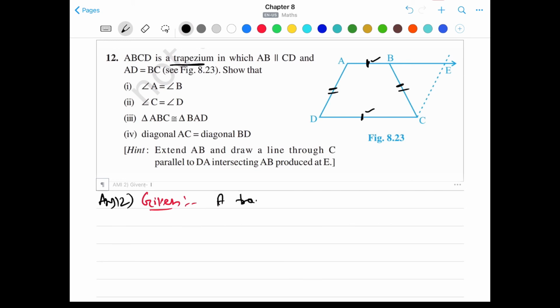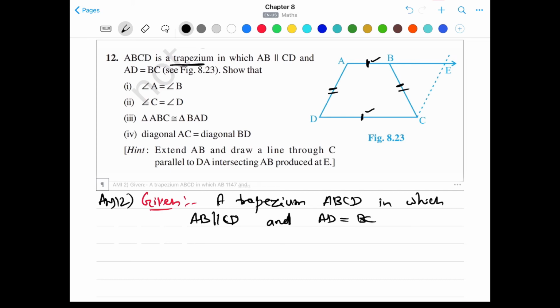Given here is a trapezium ABCD in which AB is parallel to CD. Like we know, in a trapezium one pair of opposite sides has to be parallel, and the non-parallel sides AD is equal to BC. That means it is an isosceles trapezium.